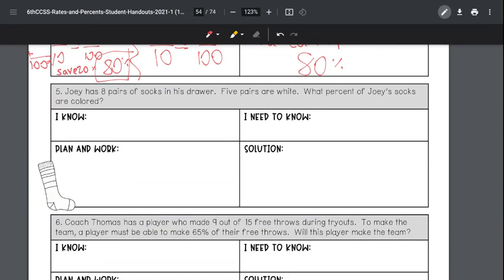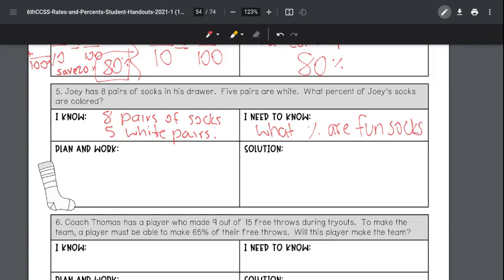Number 5, Joey has 8 pairs of socks. 5 pairs are white. What percent of Joey's socks are colored? So what percent are fun socks? If I know I have 8 total pairs, but 5 of them are white. Let's say we open the drawer, we see 8 pairs of socks.